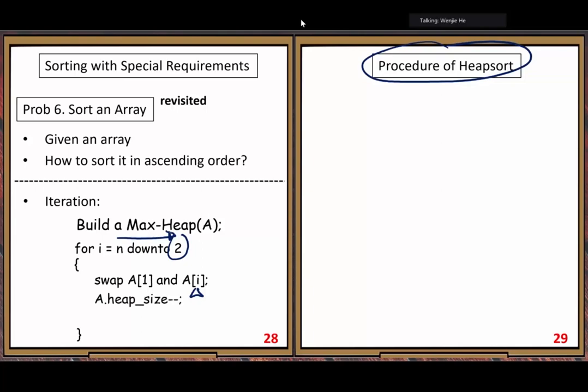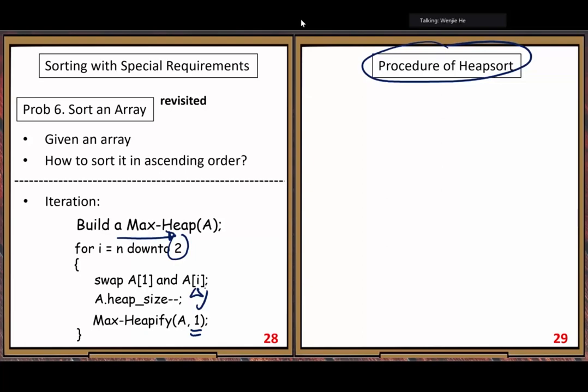Then we reduce the heap size by 1, because we just put one element in place, so we can exclude it from consideration. After size reduction, we run the max heapify operation at the root location, index 1.